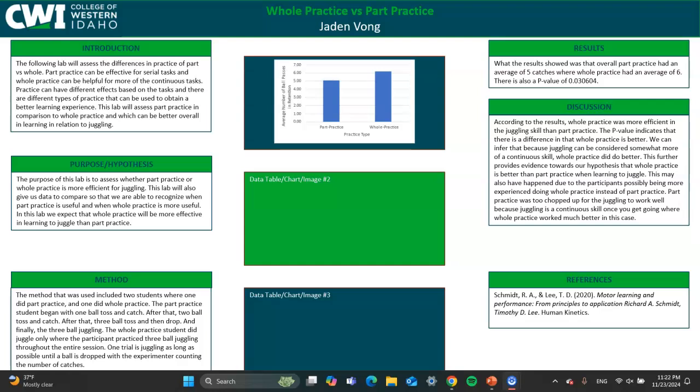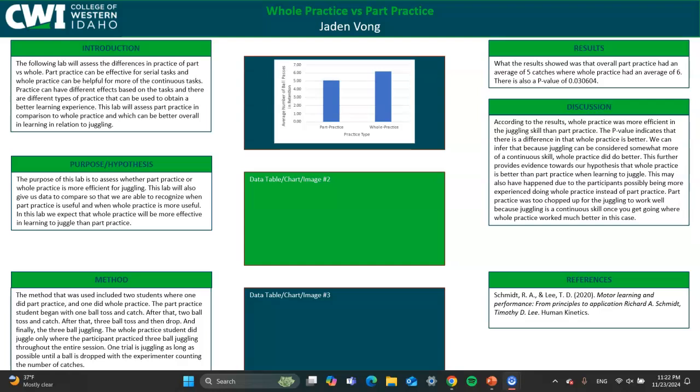Different types of practice will have different effects based on what you're doing, what the task is, the setting, to obtain a specific learning experience. And this lab is essentially going to assess whether part practice or whole practice was better in learning the juggling skill.